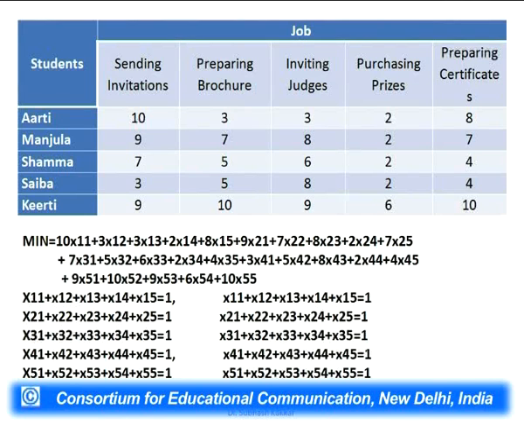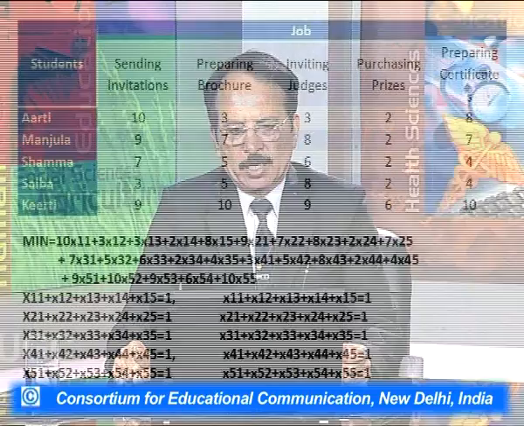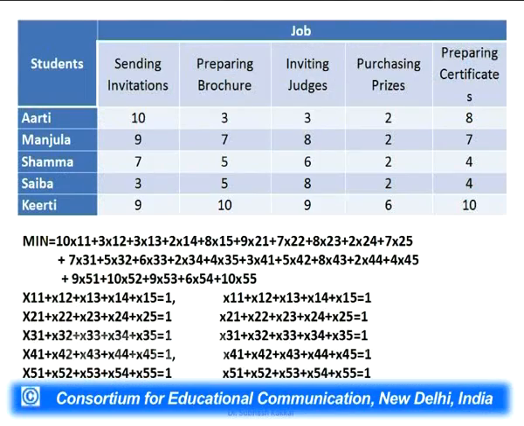Fourth row: 5x41, 3x41, 5x42, 8x43, 2x44, 4x44. And now we are left with the last row. The last row will be like this: 9x51, 10x52, 9x53, 6x54 and at the last 10x55. This completes our objective function and we have to minimize it because we want the number of hours to be minimum.